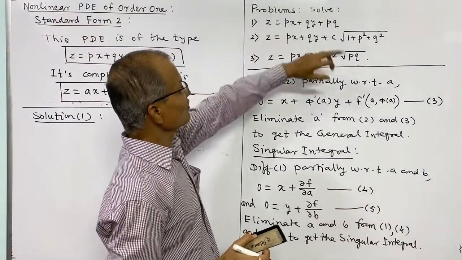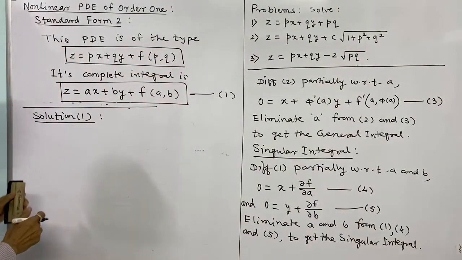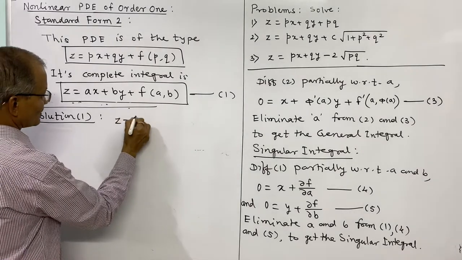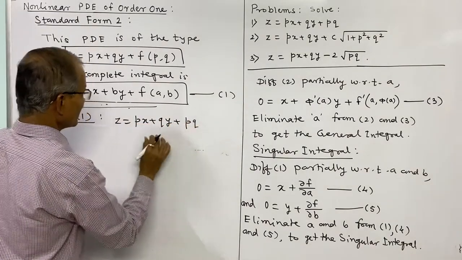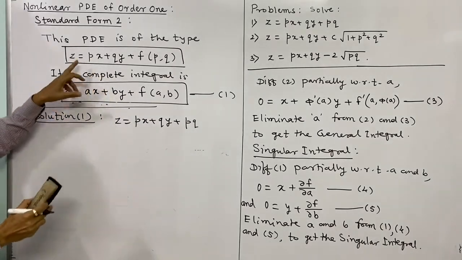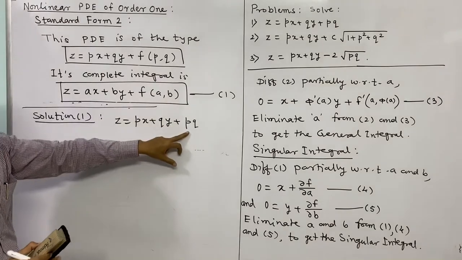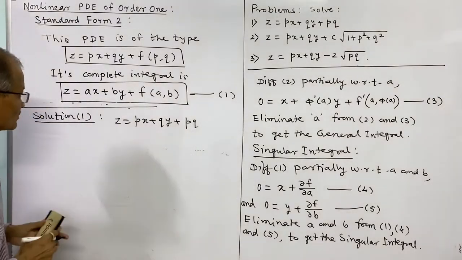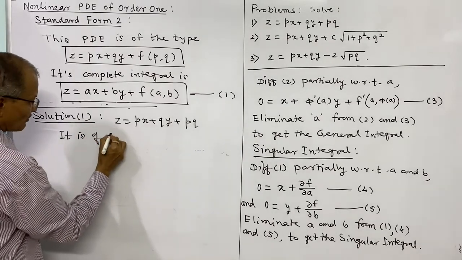It is z is equal to p x plus q y plus p q. Z is p into x plus q into y plus p into q. It is of this form. You see, z is equal to p into x plus q into y plus a function of p and q. It is here p into q. So it is of the standard form.